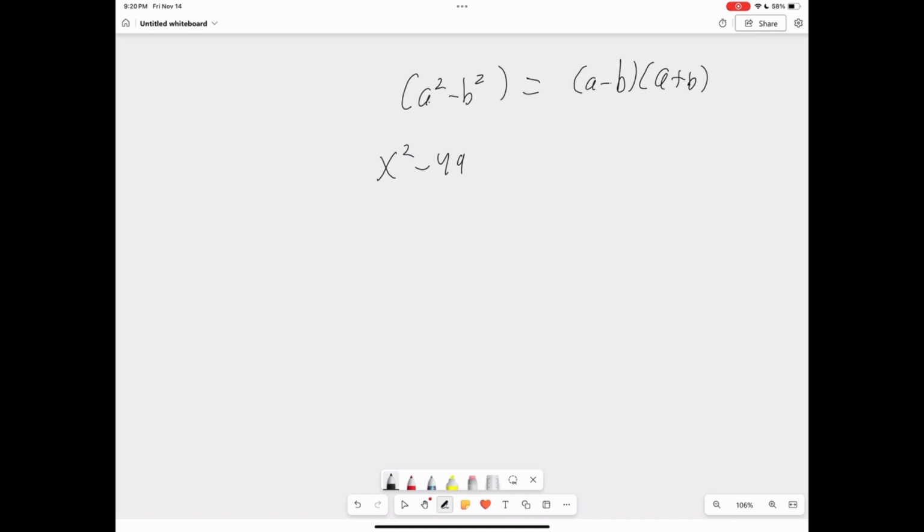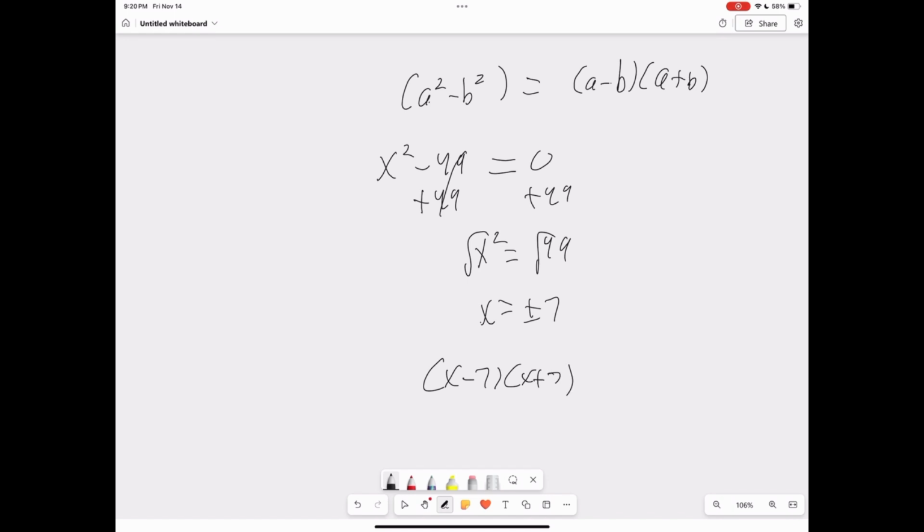So right away, if we apply this property, what you can do is solve for x. This is what I like to do. If we solve for x as normal and take the square root, we get x equals plus or minus 7. And I just write the factors as is: x plus 7, x minus 7. That's the trick. You won't ever forget this. You can memorize it if you want.